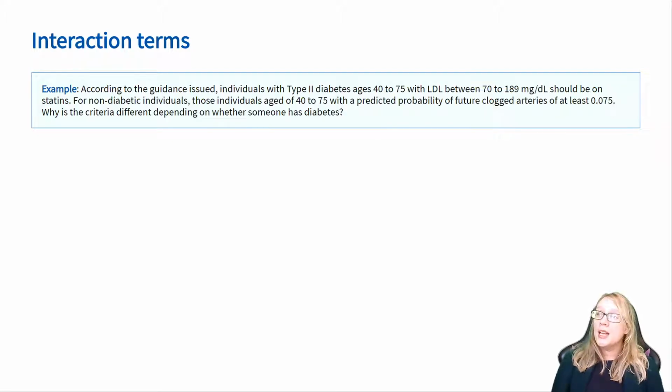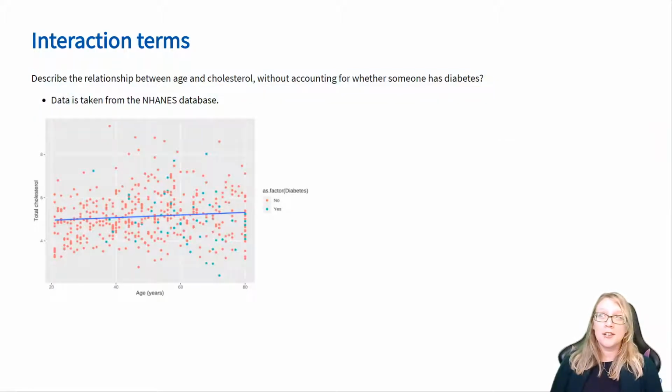For non-diabetic individuals, those of age 40 to 75 with a predicted probability of future clogged arteries of at least 0.075 should be on statins. Notice here that the recommendation for whether or not an adult should be on statins changes depending on whether or not they have diabetes. Now, why is that? Perhaps there's an interaction here.